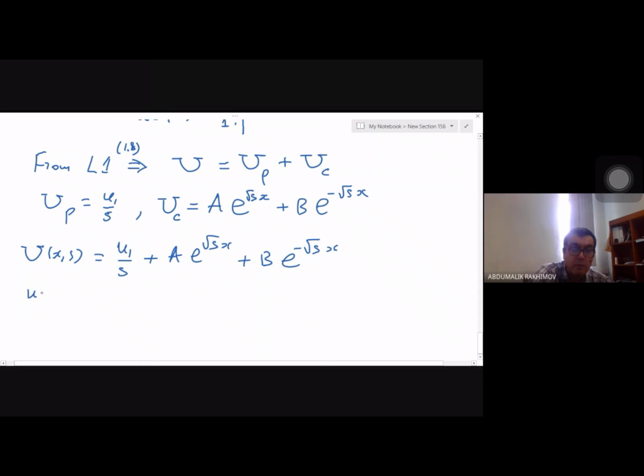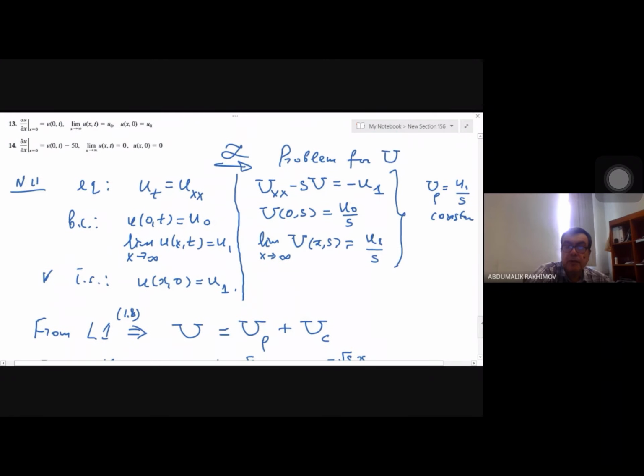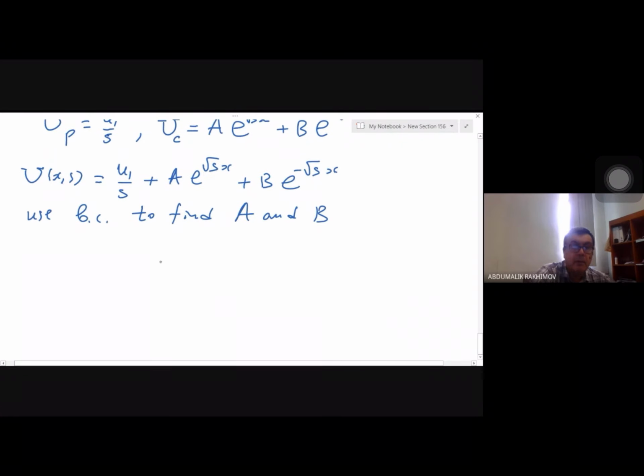Now we will use boundary conditions to find a and b. Let's start with a, from the second condition. Let's use this one. Limit of u capital x, s is equal to u1 over s. So, when x goes to infinity, what will be the limit of u1 over s?